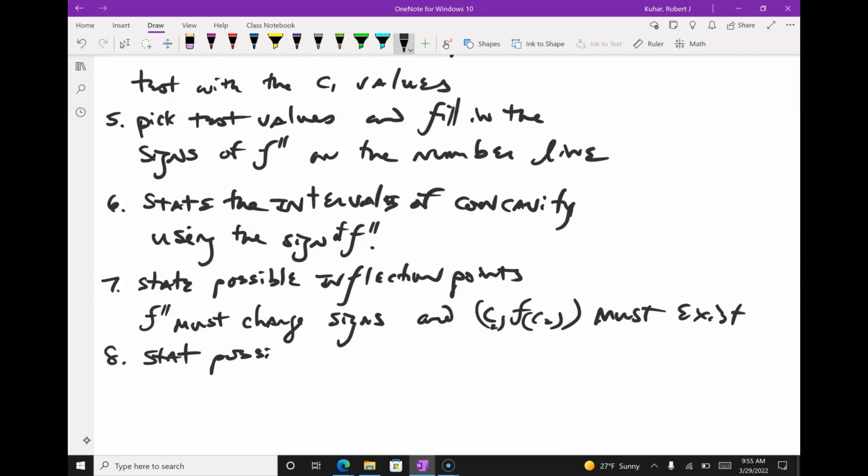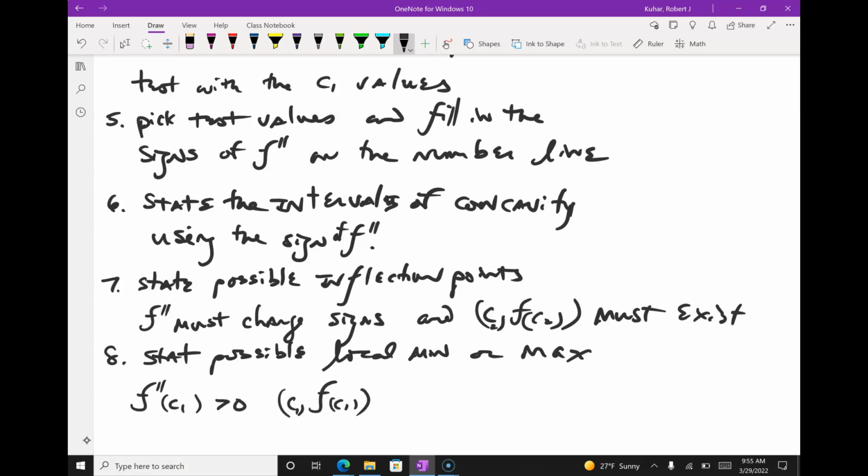State possible local min or max. So for example, if f double prime of C1 is positive, and C1 comma f of C1 exists, then C1 comma f of C1 is a local min.